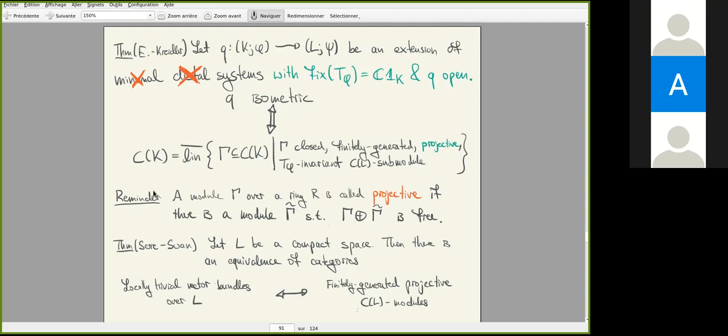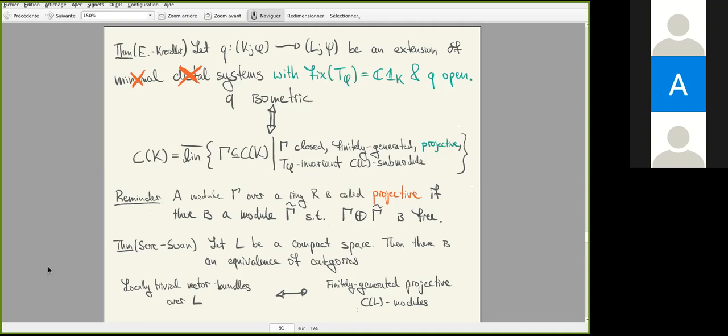So a module over a ring is called projective if there is a module gamma tilde such that the sum is a free module. And somehow the main reason why this projectivity suddenly comes here out of nowhere is the Serre-Swan theorem. So somehow the Serre-Swan theorem is hiding under the hood here.